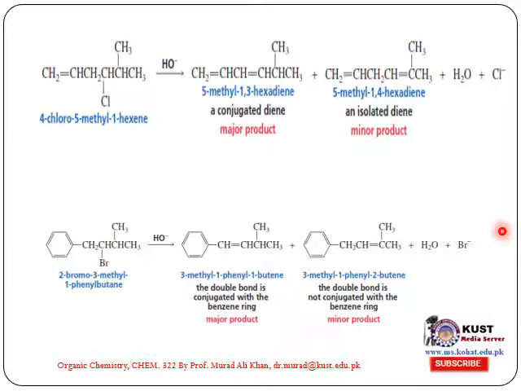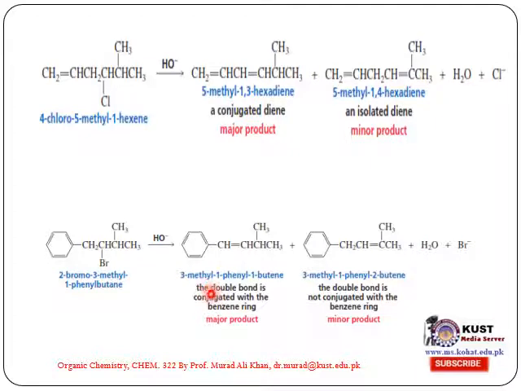Here is another case. 2-bromo-3-methyl-1-phenylbutane. Here, if you see, again there are two possibilities to have a double bond, where a proton is abstracted from this benzylic hydrogen, or from this other carbon.